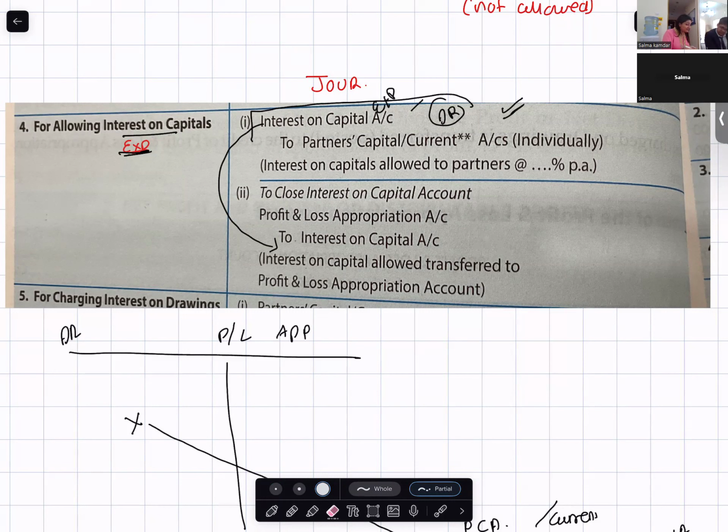Again, the journal entry to create the expense is interest on capital debit, partners capital account credit. Then I will close interest on capital and transfer it to the profit and loss appropriation account: profit and loss appropriation debit, interest on capital credit. So this is all that is related to interest on capital.